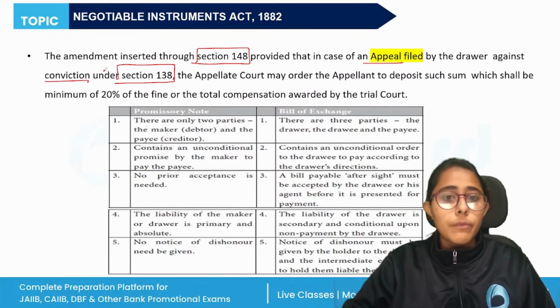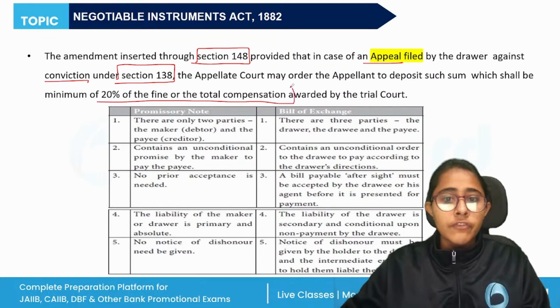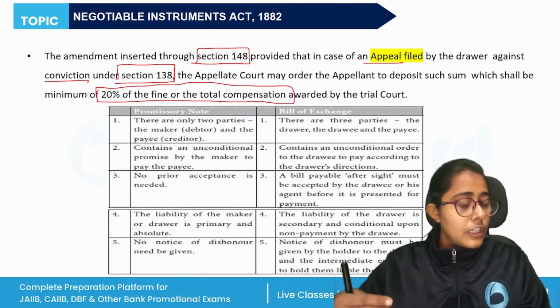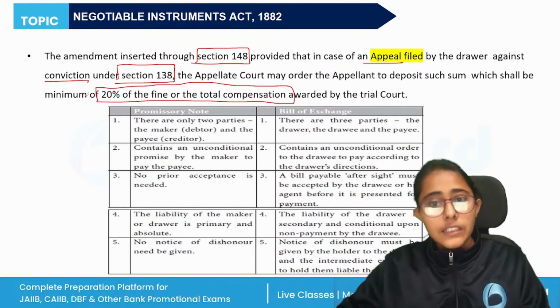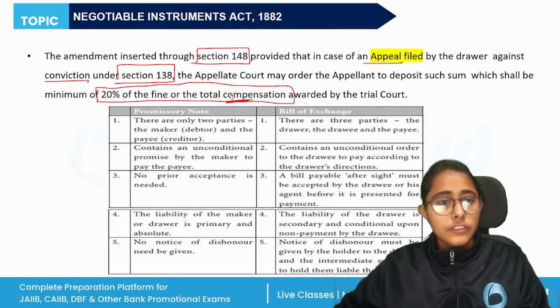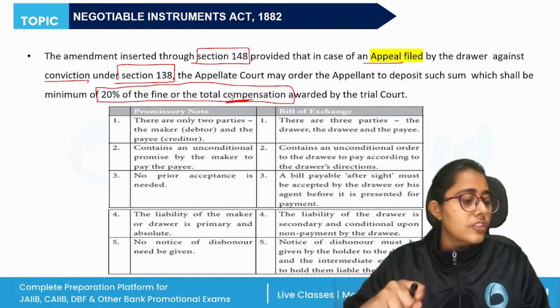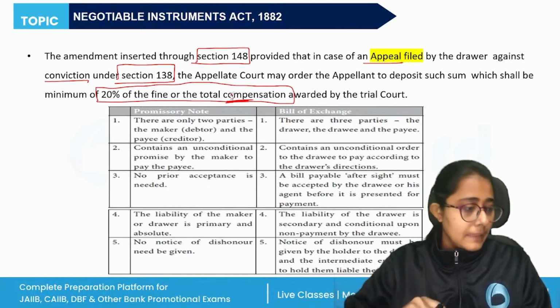Then the appellate court may order the appellant to deposit such sum which shall be minimum 20% of the fine or the total compensation which is awarded by the trial court. So for the appeal to be taken further, first the appellant will have to deposit 20% of the compensation which is awarded by the court. Then it will be taken further. So this is the change that has been made with the insertion of section 143A.